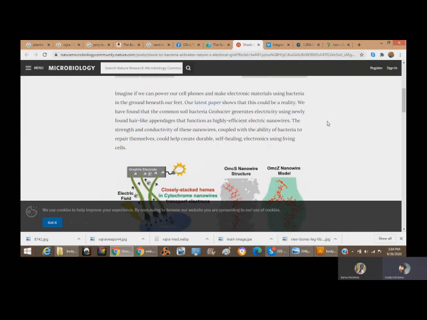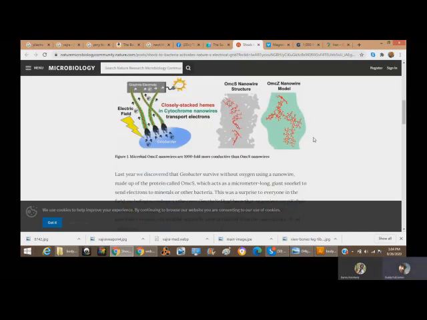The strength and conductivity of these nanowires, coupled with the ability of bacteria to repair themselves, could help create durable self-healing electronics using living cells.